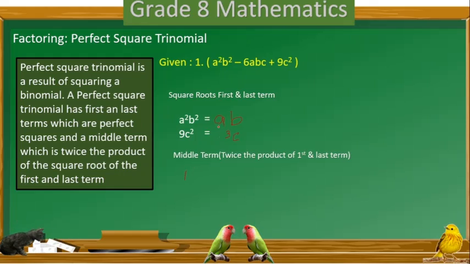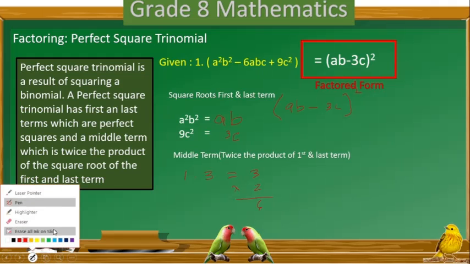I remind you that any variable without a number attached to it is always 1. Then multiply it by 3 equals 3. Multiply it by 2 to get the middle term, which is 6. Okay, this is a perfect trinomial. So all I have to do is copy the square roots of the first term and last term. So ab, then 3c, raised to the power of 2. That's it.